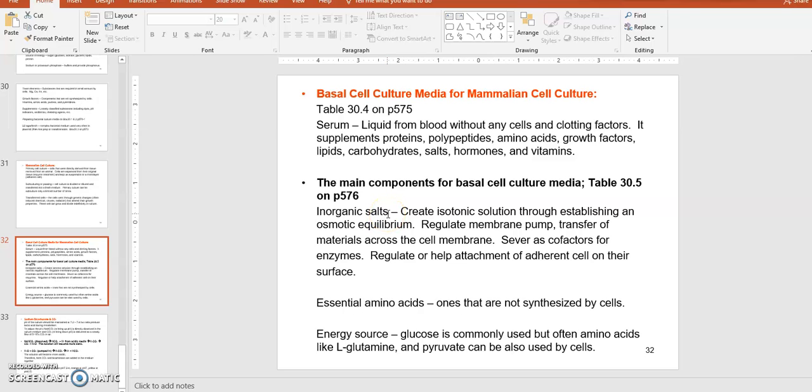Salt is important to maintain isotonic conditions, of course. Some amino acids are required because your cells need to build a lot of proteins, and the building blocks for proteins are amino acids. You need to provide those. And for an energy source, again, carbohydrates, simple sugar, glucose should be added. Glucose will be broken down in your mitochondria, and they will release energy that's required for the cells. So all these things are important.